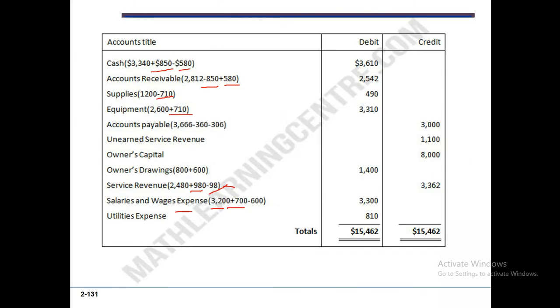So 360 minus and 306 minus. This is the actual figure, and this is the wrongly credited figure.